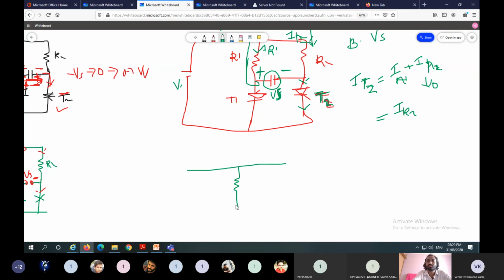This one is R1, this one is R2. This one is the capacitor, and the voltage across the capacitor is like this: this one is plus, this one is minus, and this one is Vs. And this one is the T2 thyristor.